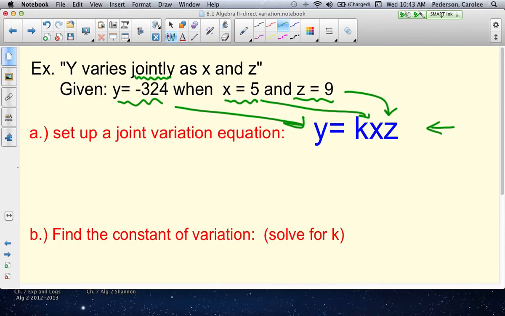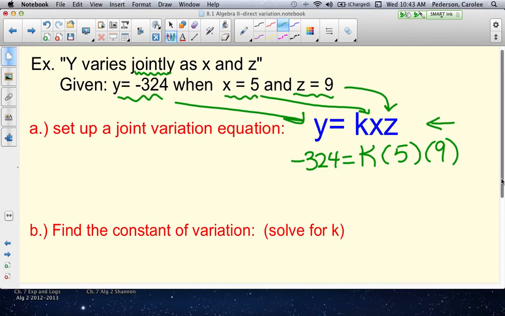So we have negative 324 goes in for y, k is our unknown, x is 5, and z is 9. The 3 pieces on the right are all multiplying each other.